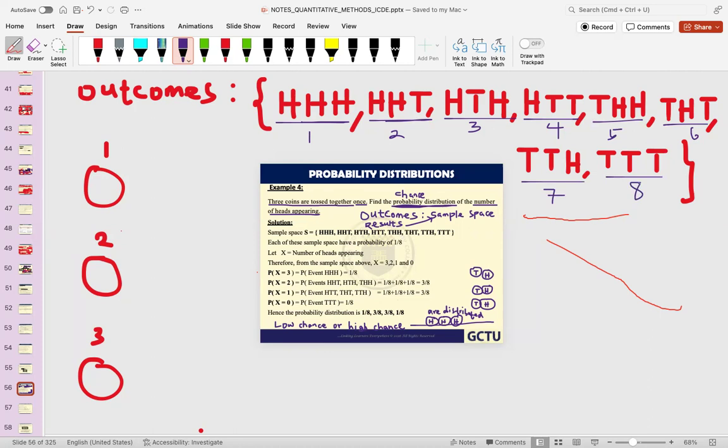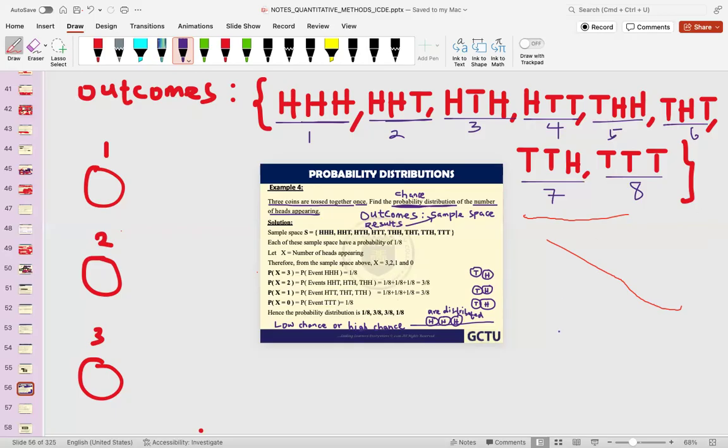So it means that in throwing these 3 coins, there are 8 different possibilities that can happen.